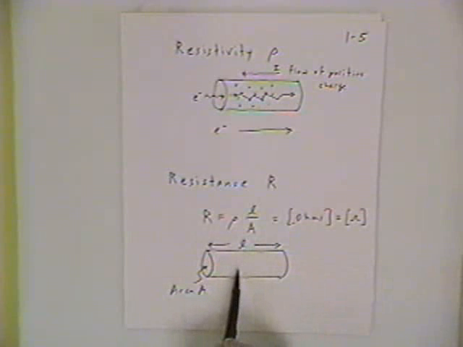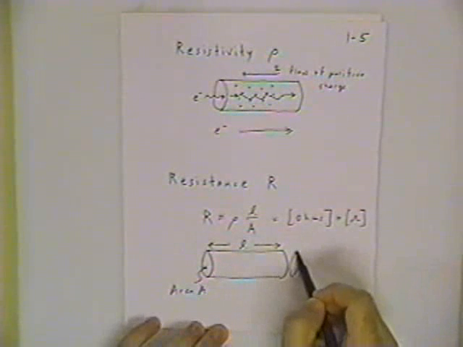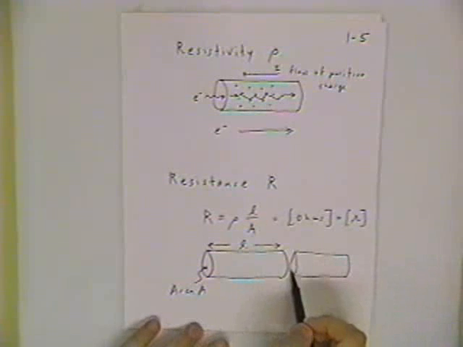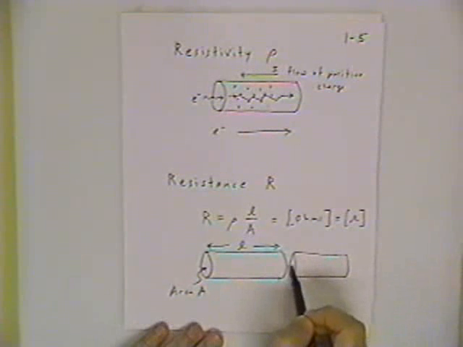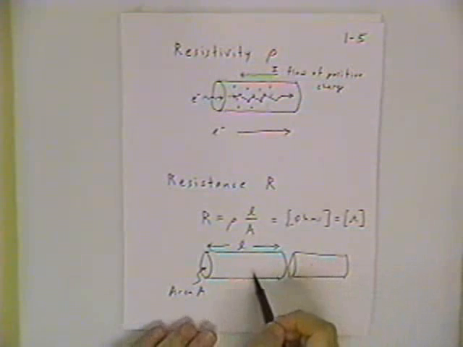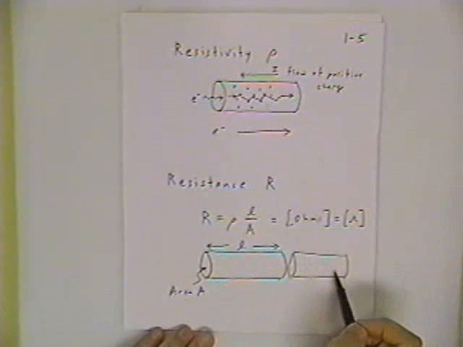Now, knowing this model for the resistor helps you remember how series and parallel connected resistors behave. If you had another block immediately following this one, if it happened to have the same cross-sectional area, then you're getting the same resistivity. If it's the same material, if it's the same size object, then for twice as long a path, you're going to get twice as much resistance.